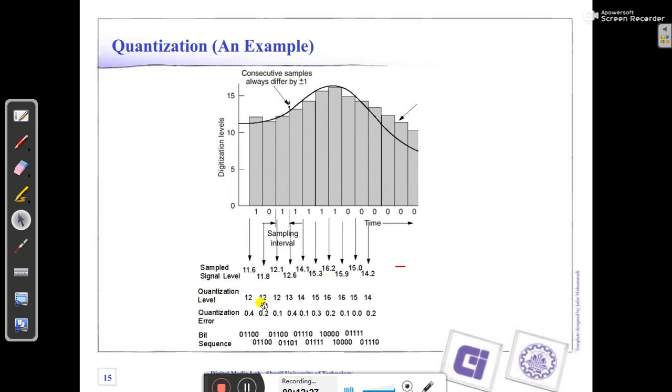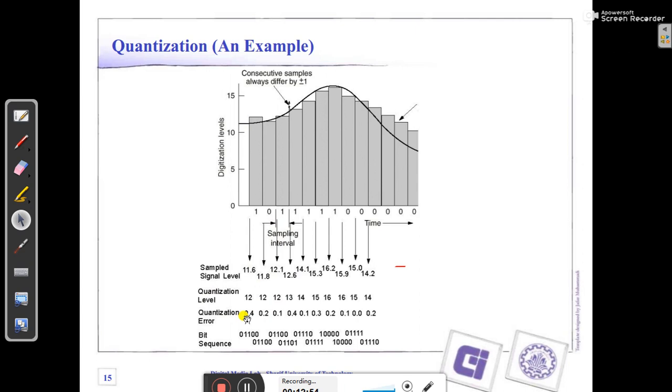And this is the quantization level, almost that amplitude level. The sampling level is the time level: 11.6, plus 0.2 is 11.8, plus 0.3 is 12.1, almost that interval. So it is the time value. This is the quantized level, this is the amplitude level.